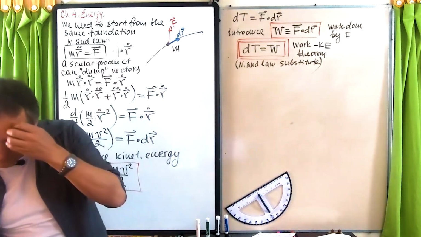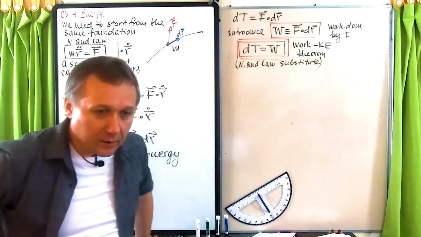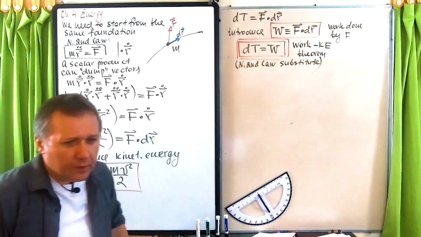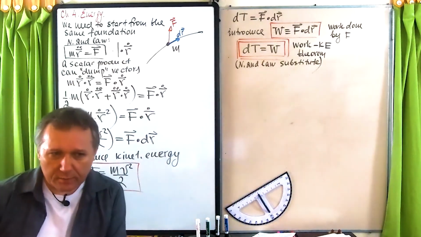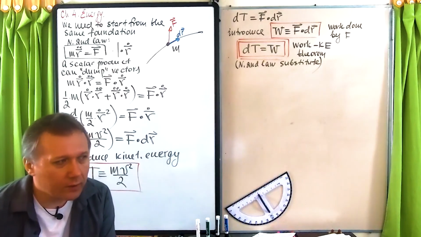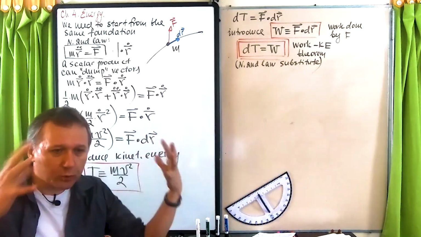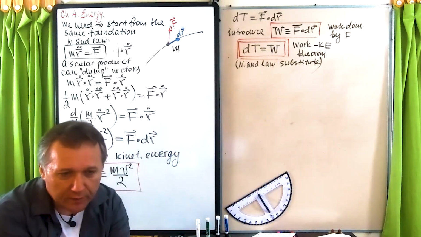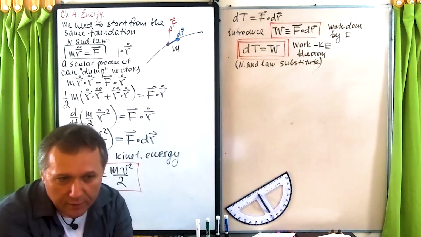All right, so again, if you have questions, ask. From this point, we're going to spend quite some time on this chapter 4. It's a big one. First, we will develop all these tools which we need in order to describe systems using this energy approach.